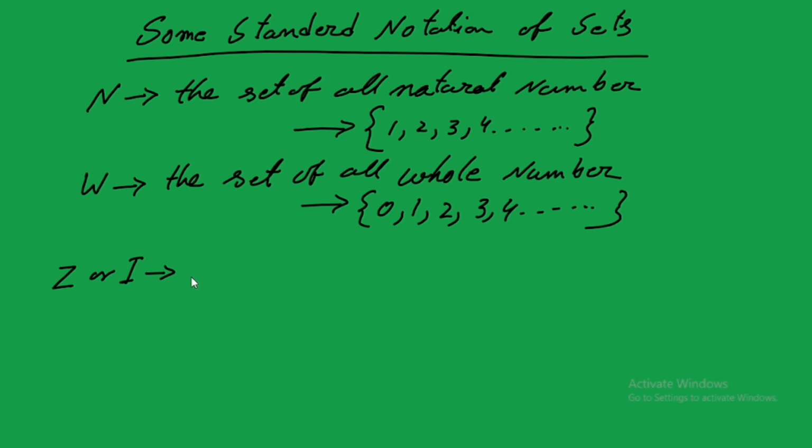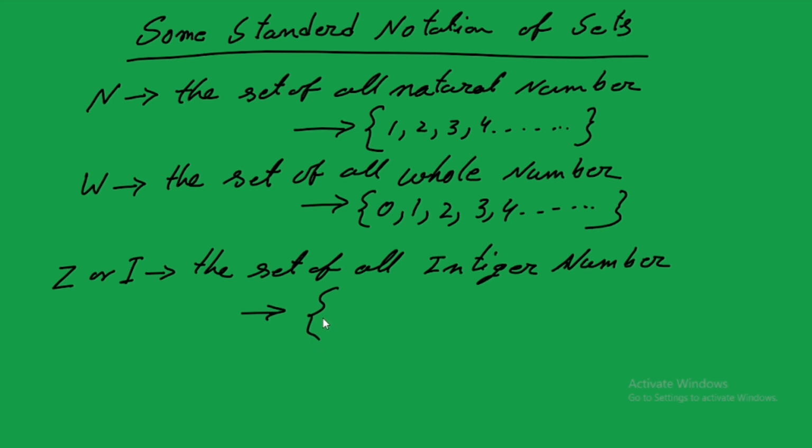We all know what integer numbers are, and they are represented by Z or capital I. We write these in curly braces.